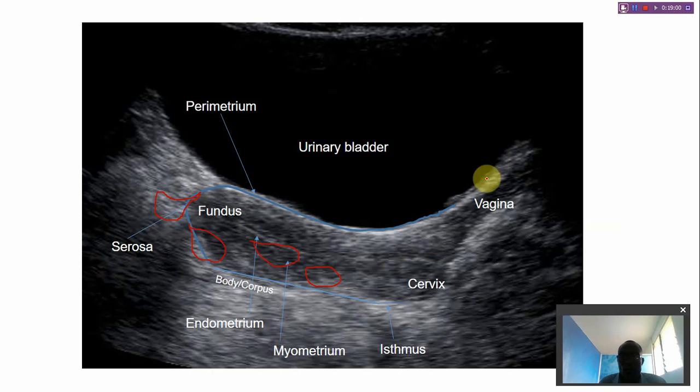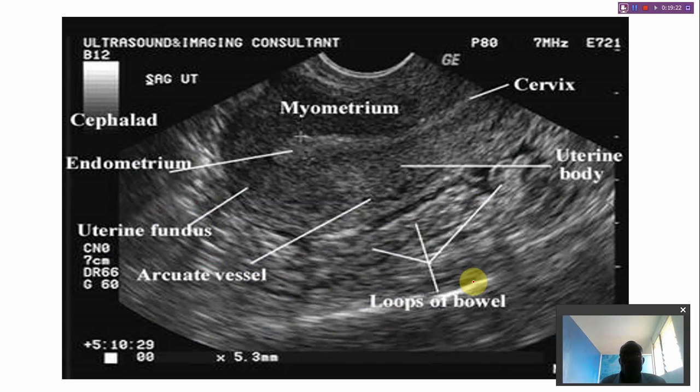You can see a normal wall of the bladder. The normal wall of the bladder measures 3 millimeters. So you measure from here, it will give you 3 millimeters. So that is basic anatomy of the uterus.